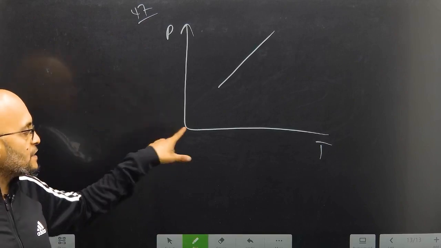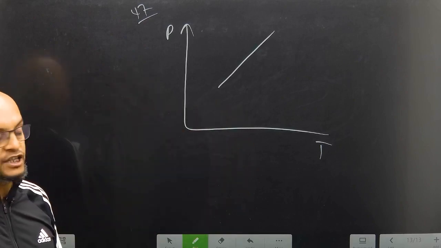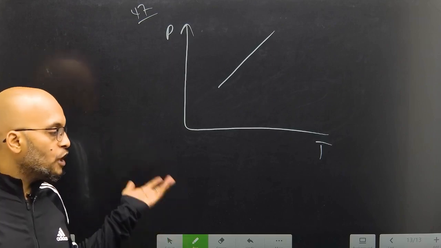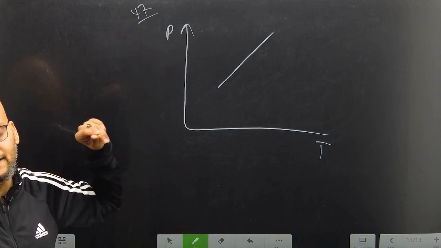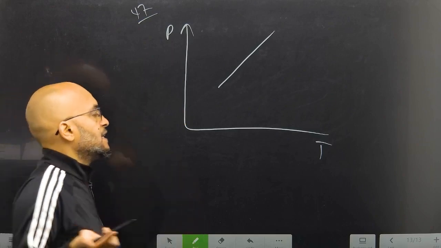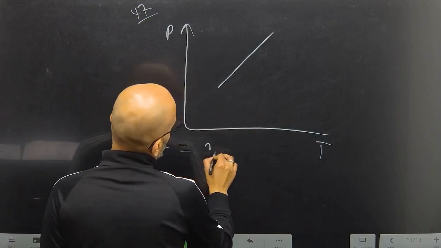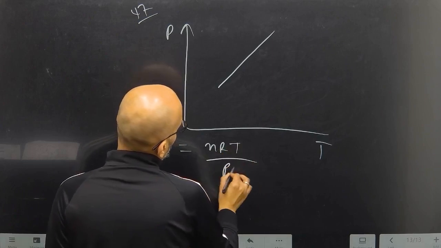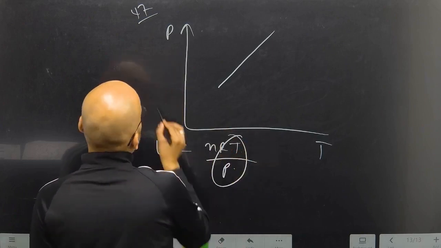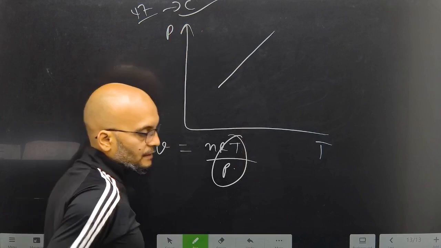No, it is not isothermal because temperature is changing. Isobaric, no, not isobaric, pressure is changing. Isochoric, yes, it can be isochoric. Yes or no? V is equal to nRT by P. See? So option C is correct. Clear? We just did it by option elimination.